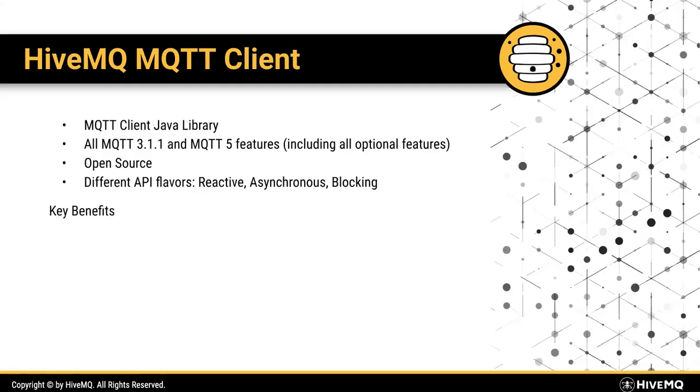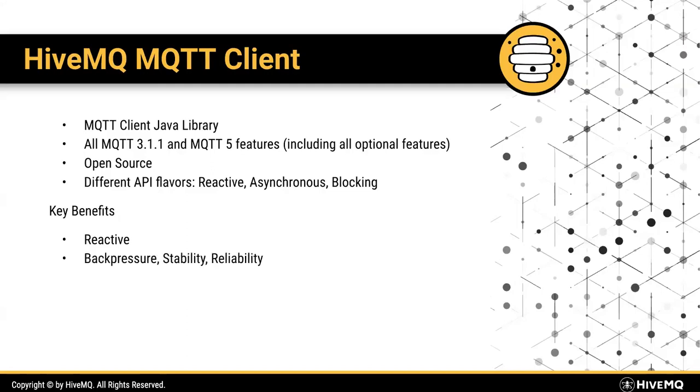And what makes it special, it has different API flavors. You probably know the blocking and the asynchronous API styles, but the MQTT client also added a reactive API. I will talk about this soon, why and when you need reactive.